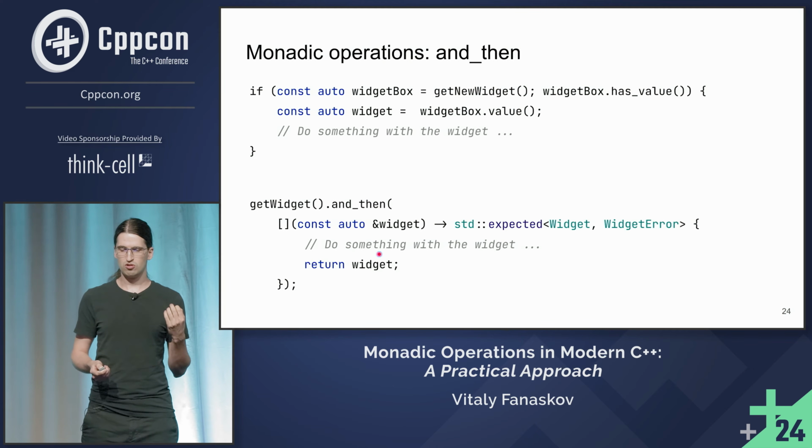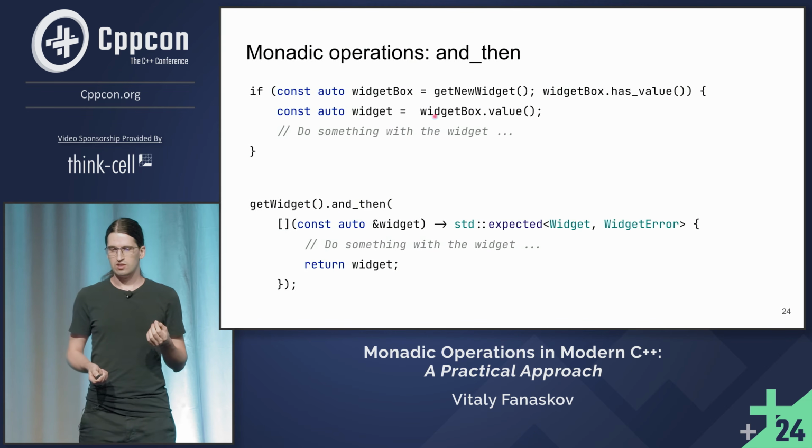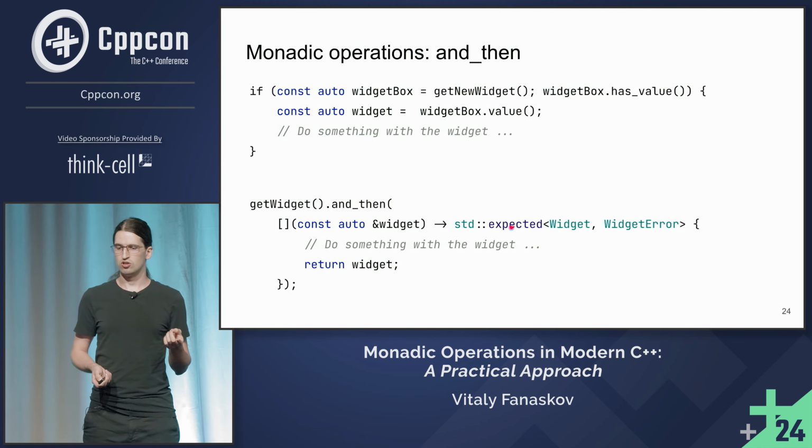There are some limitations for this function: you return std::expected, and you can technically alter the value type, but the error type should be the same, and this function must return expected. So then you do something with a widget, and then you can return the widget.